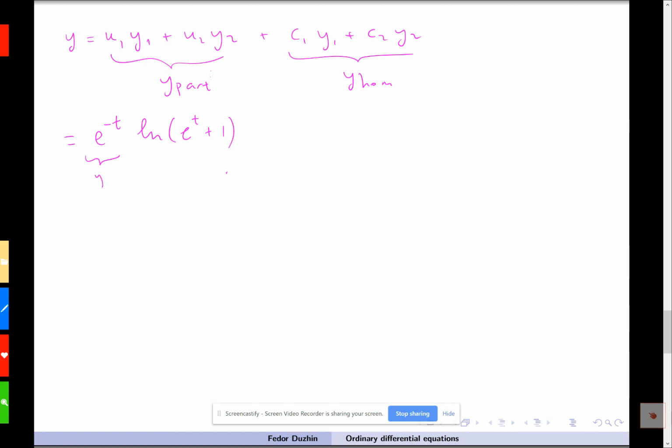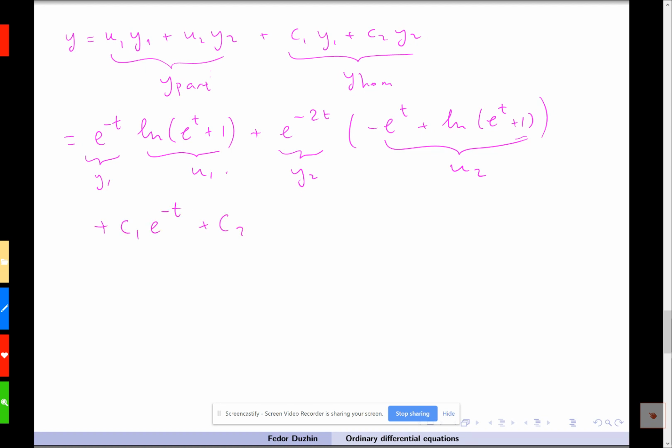So this is y1, this is u1, plus e to the minus 2t, so this is y2, times minus e to the t plus ln of e to the t plus 1. This is u2. Now plus c1 e to the minus t plus c2 e to the minus 2t.